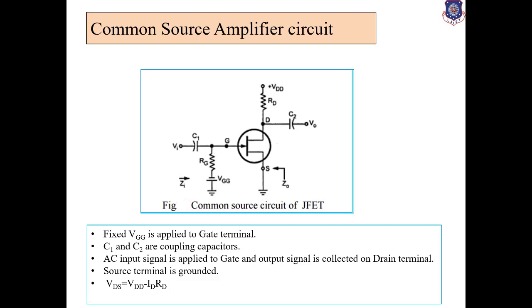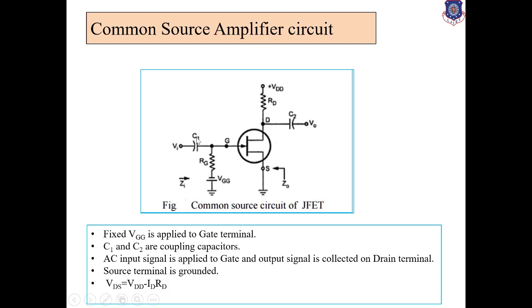Now the important point is that Vi and Vo are coupled through G and D but not directly. We cannot apply the sine wave signal directly to the JFET in an amplifier circuit diagram. I have connected here C1 and C2. These are the important components known as coupling capacitors.